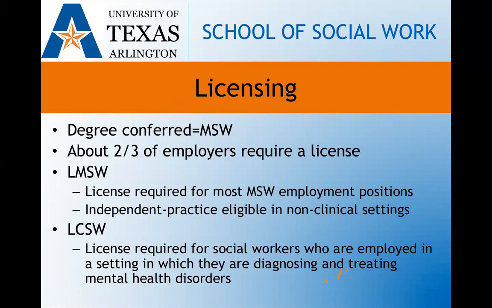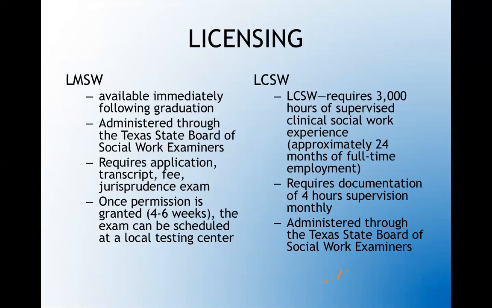And the LMSW is the entry-level license for master's level social workers. You can take the LMSW exam during your final semester of enrollment in the MSW program. You will apply to take the exam, and then once you pass the exam, after you graduate, you will be given your license.